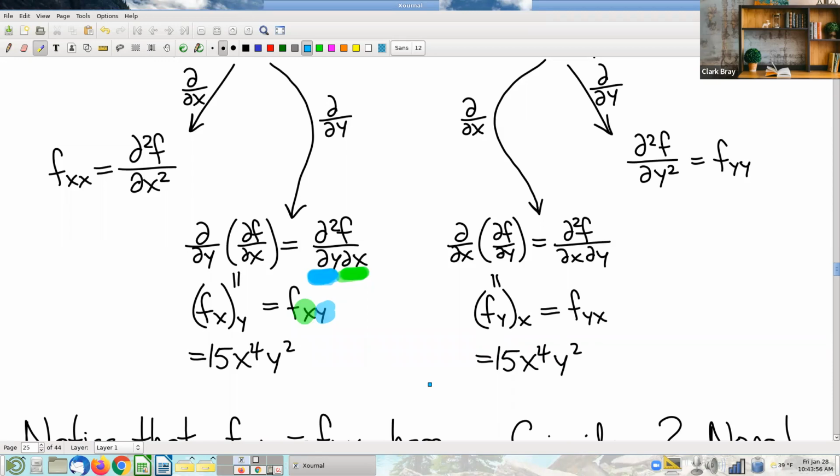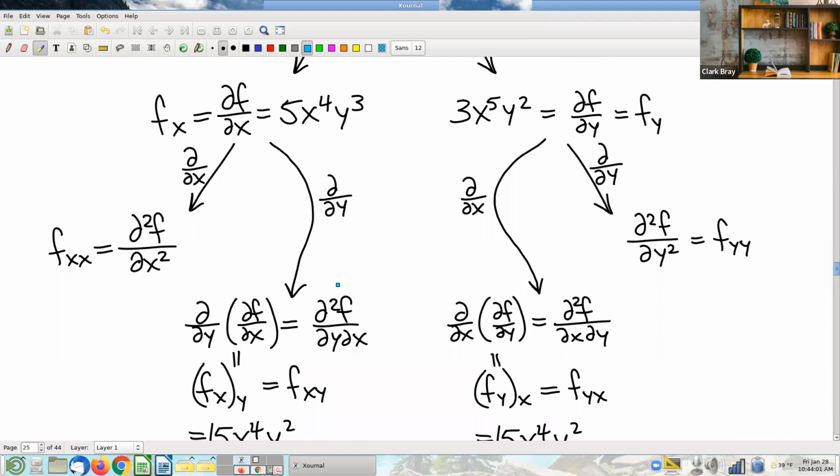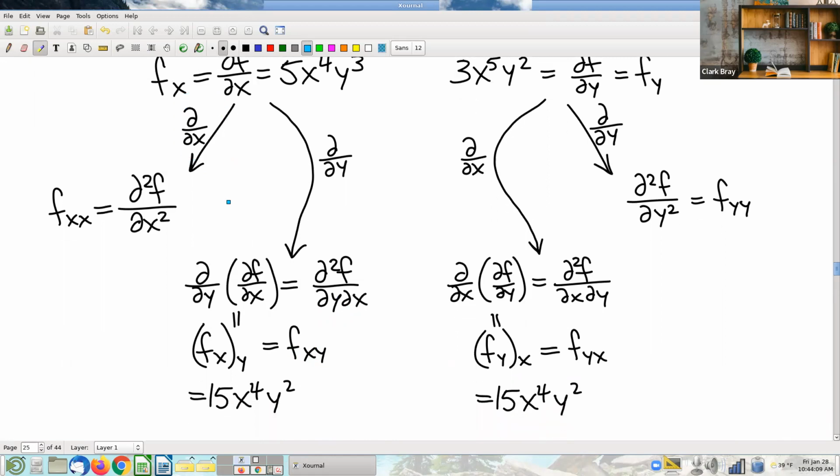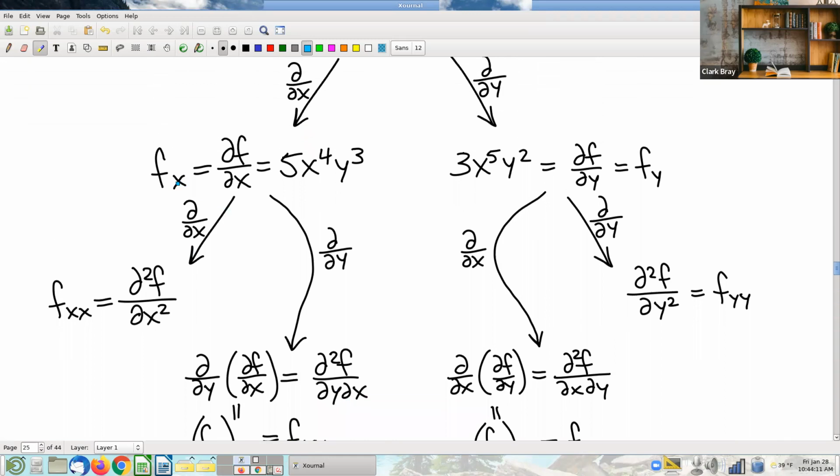Ultimately the point is that we write the partial operator to the left of the function that we're taking the derivative of. We write the subscript to the right of the function that we're taking the derivative of. And none of this is my choice, so don't blame me. But this is just how it gets written down.